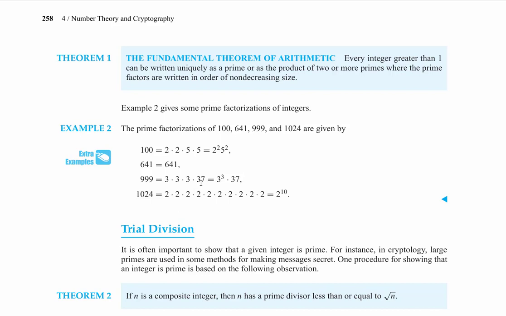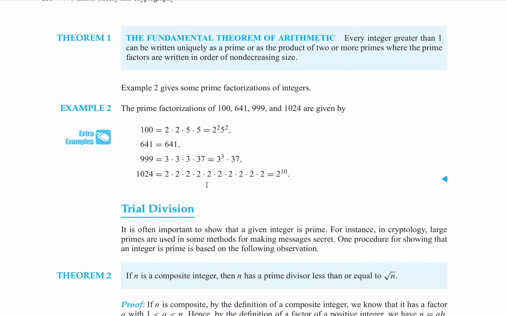Try to break up 37, it turns out 37 is prime, no smaller factors. So the prime factorization of 999 is 3 times 3 times 3 times 37. Again, we put them in order from smallest to largest. And 1024, that's 10 2's multiplied together. So that's 1K.